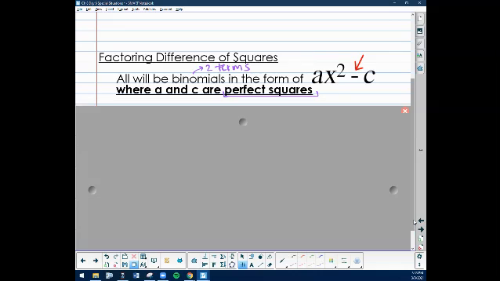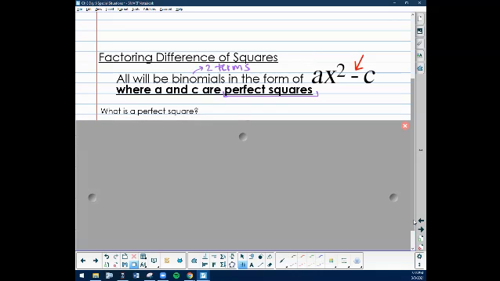So before we get to that, what is a perfect square? You might be familiar with it, but a perfect square is like 2 times 2 is 4. 4 is a perfect square. 3 times 3 is 9. 9 is a perfect square. 4 times 4 is 16. 16 is a perfect square.